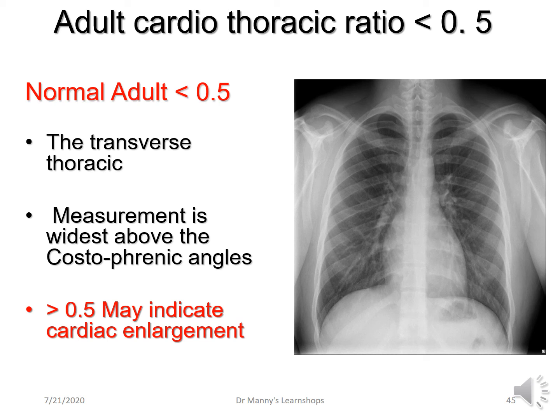Its measurement is typically done at the widest point above the costophrenic angles. If it is greater than 0.5, it may indicate cardiac enlargement, but on an AP film, sometimes the cardiac silhouette, because of the way the film's been taken, may be enlarged.